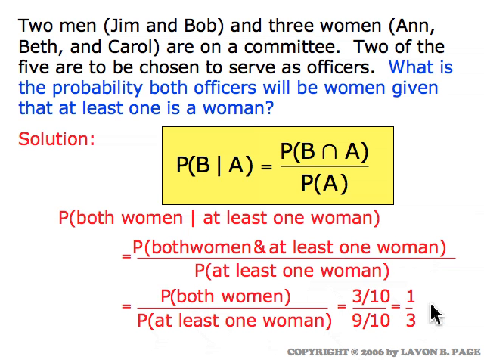So this fraction reduces to 1/3, the chances that both are women if we know that at least one is. And if you were to take the time to go back and list all 10 of the possible outcomes, what you would see is that the reason this reduces to 1/3 is because the given information reduces those 10 outcomes down to 9, of which 3 of them are cases where both officers are women.